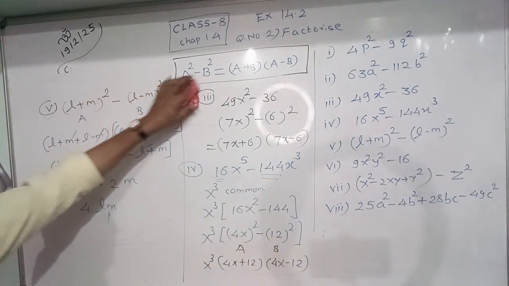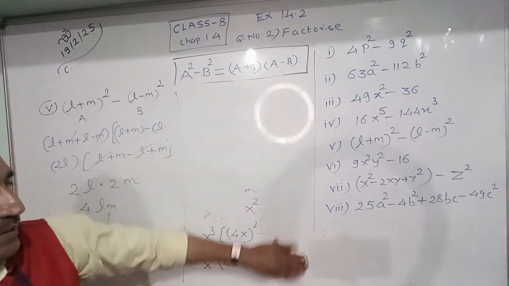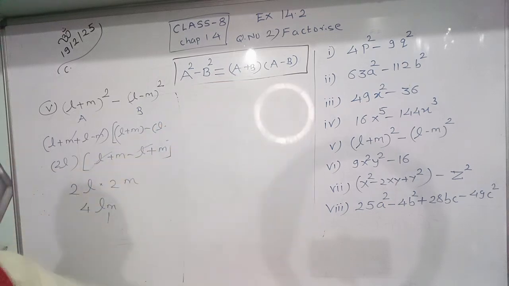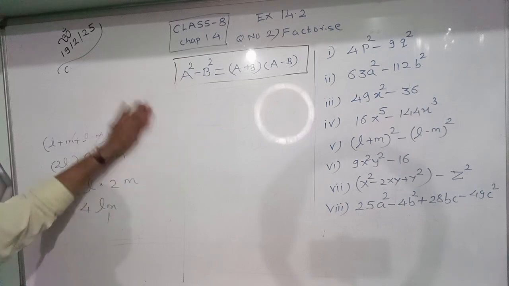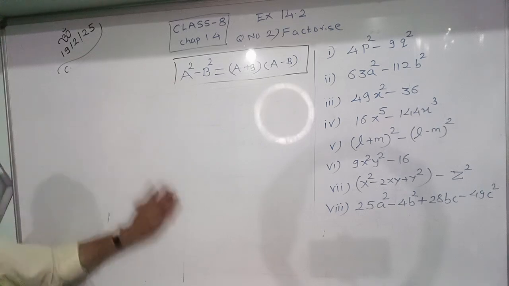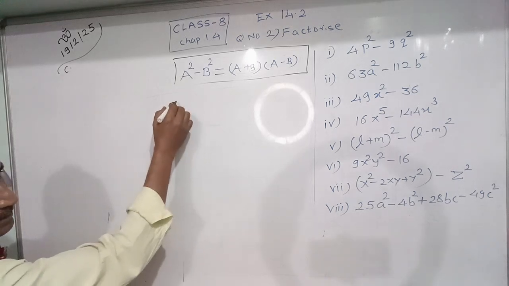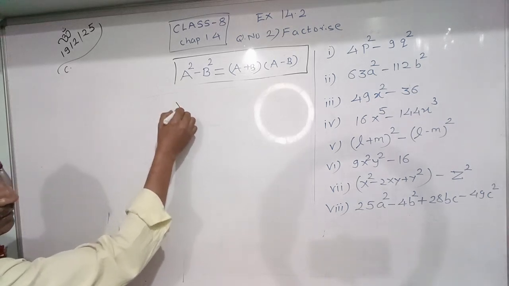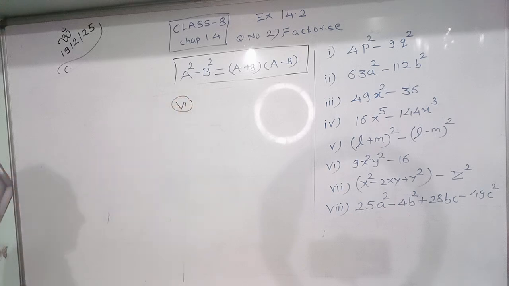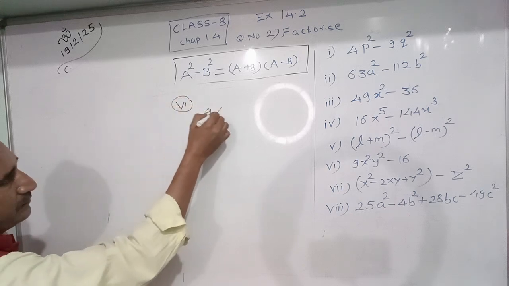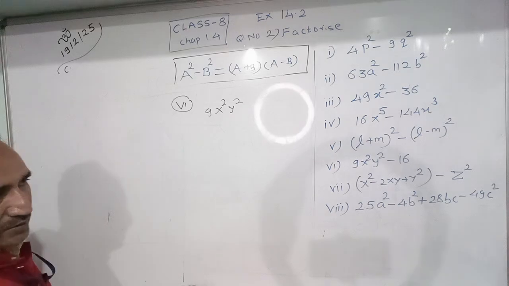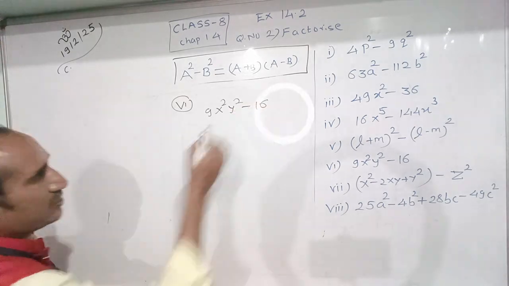Can you guess how we can solve question number 6 by using the same trick? Again, there is a 9x square y square minus 16.